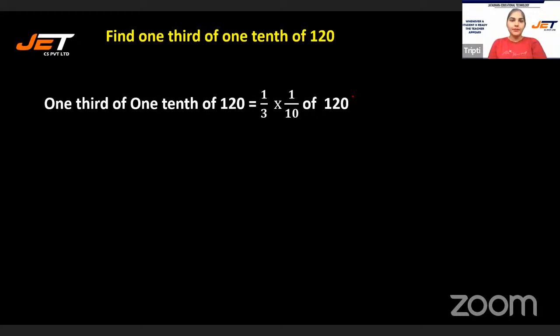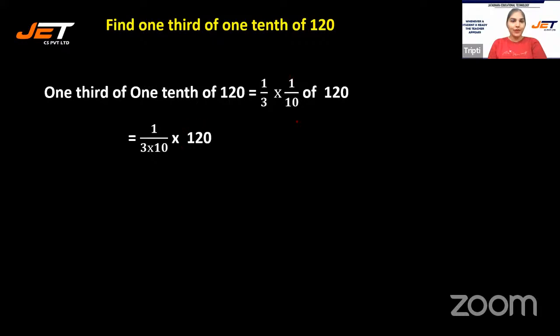So this is 1/3 of 1/10 of 120. How can we write 120? 3 times 10 times 4, because 3 times 10 is 30, times 4 is 120. And in the denominator, it's 3 times 10, 30. So that's how we do it. Cancel, cancel, 4 is the answer.